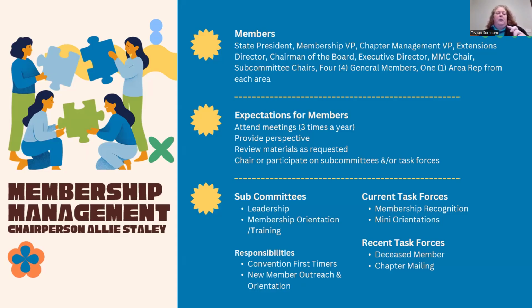And then the new member outreach and orientation. So the MMC is responsible for a set of letters that go out. Either one of them's mailed out and a couple of them are mailed out, but when a new member joins, they get communication from the state at the end of the trimester they join, and then for the subsequent 2 trimesters, so that they're touched 3 times in that first year from the state, giving them more information about conventions, programming, ways to get involved.